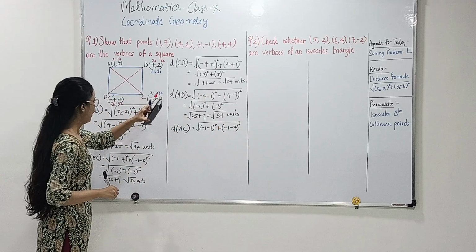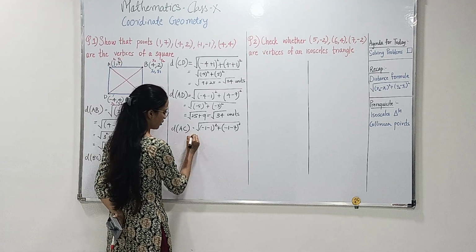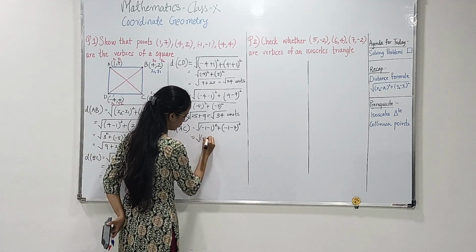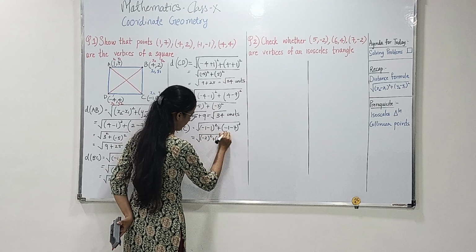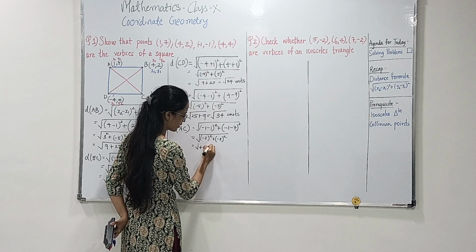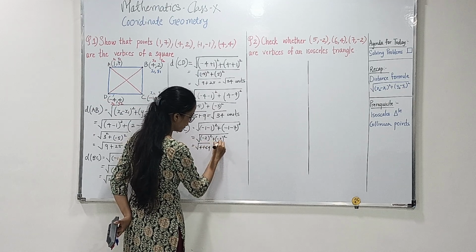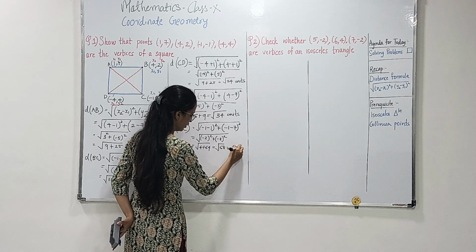So I'll be getting minus 2 the whole square plus minus 8 the whole square. Then under root of 4 plus 8 square is 64. So I get the answer to be 68, under root 68 units.